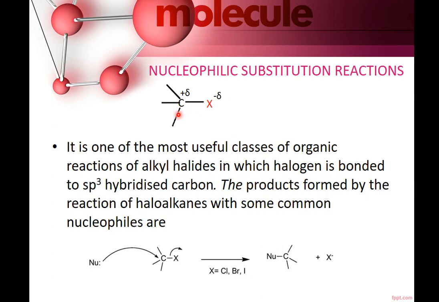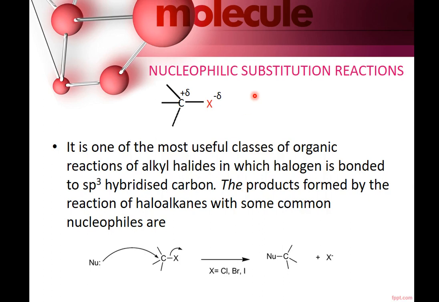So this carbon attracts nucleophiles towards it. This halogen is also a nucleophile. If some strong nucleophile comes, then this halogen can be replaced, can be substituted.